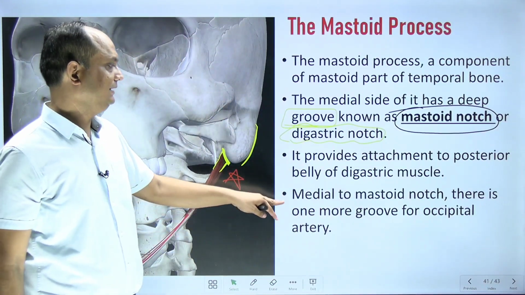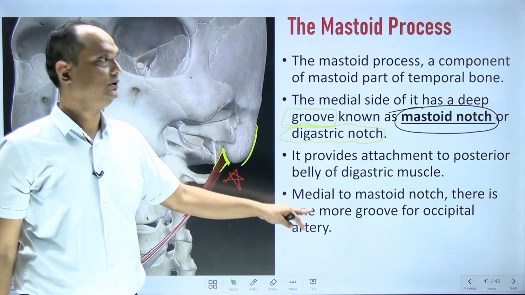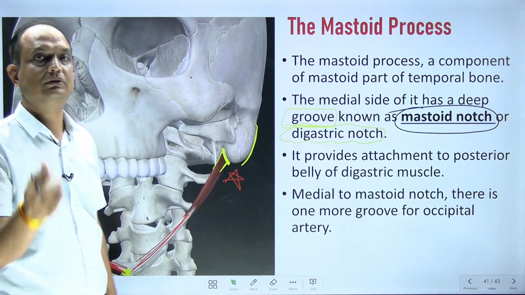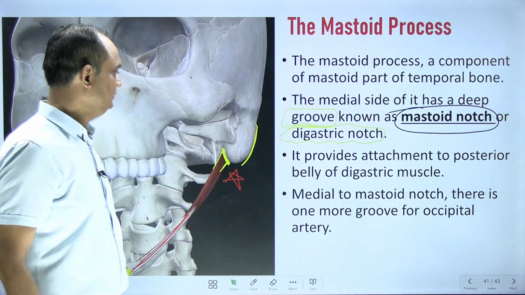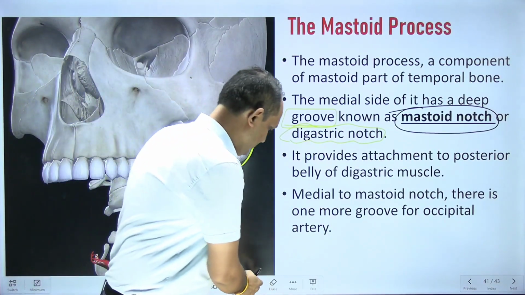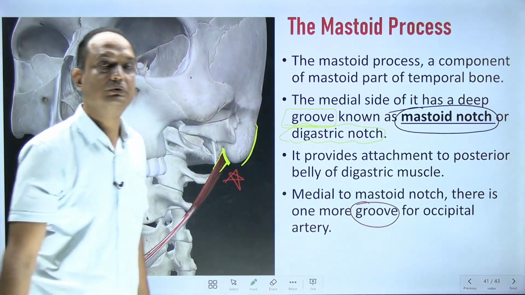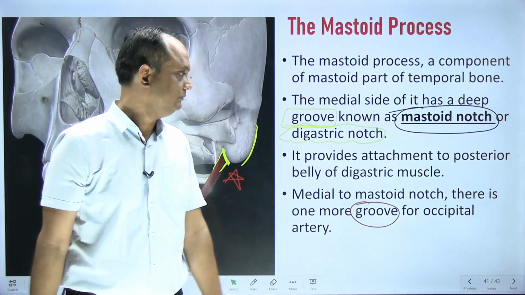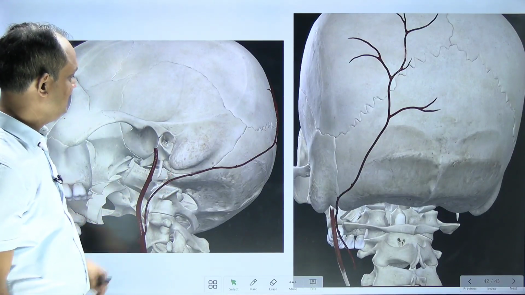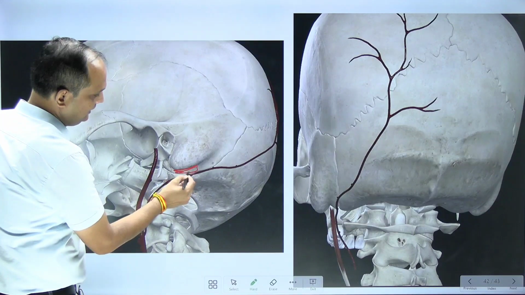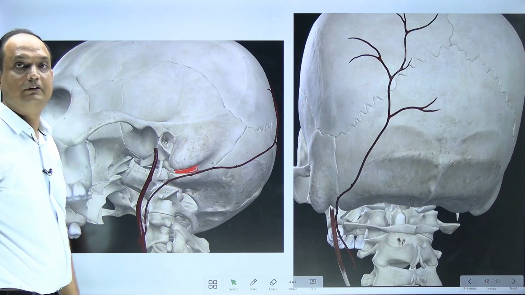Apart from that, medial to the digastric or the mastoid notch, you have one more structure, and that is known as occipital artery. So there is a groove also present, and the question again becomes the same: the groove next to the notch is for, answer is occipital artery. So in this image you can see this is the notch which I am talking about, and this notch provides attachment to the posterior belly of digastric.